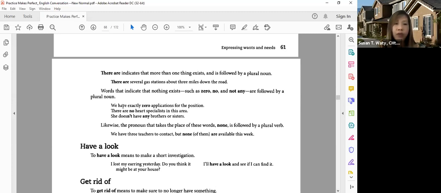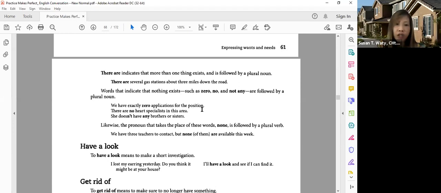And then we also have the words that indicate that nothing exists, such as zero, no, or not any, and they have to be followed by a plural noun. Let's see the examples. We have exactly 0 applications. See, the noun has the s, it is plural.